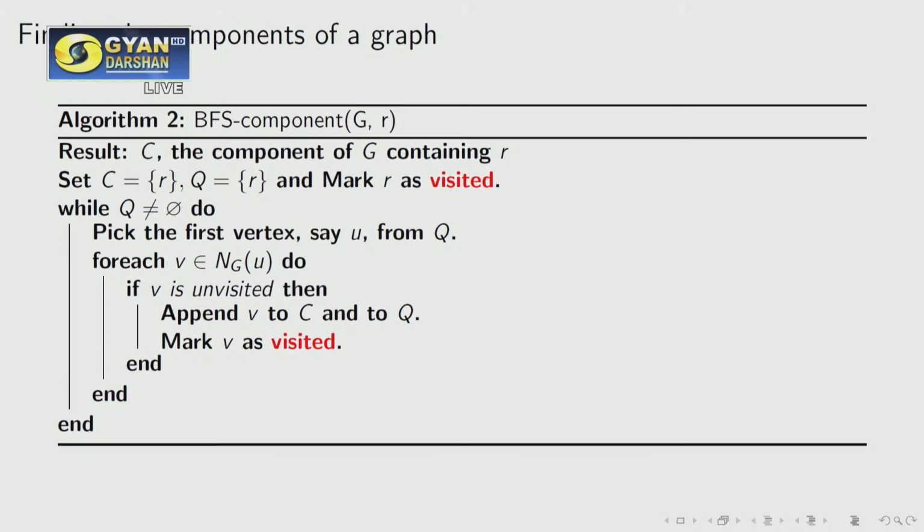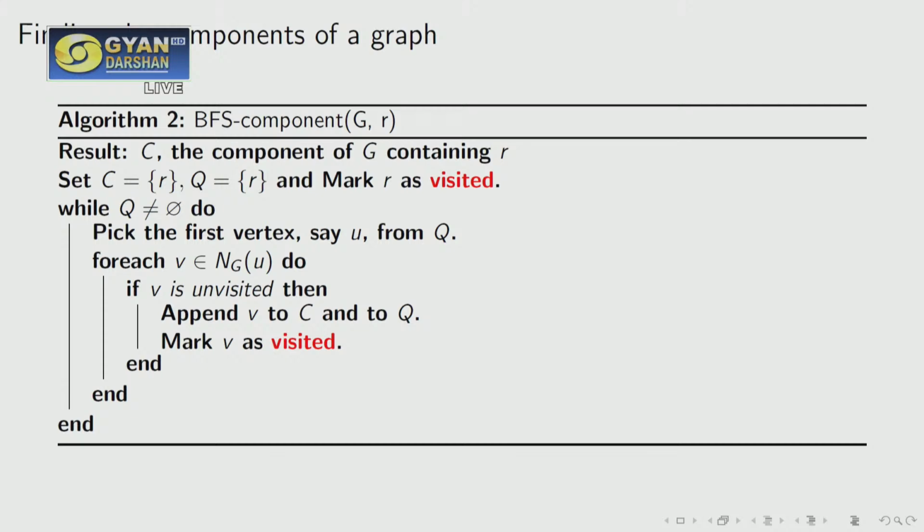So again, here you can see that there are certain initialization steps. Here C just initially contains the root vertex, that is the beginning vertex from where the search starts, and Q also contains R, and then the root R is marked as visited. Everything else is still unvisited.